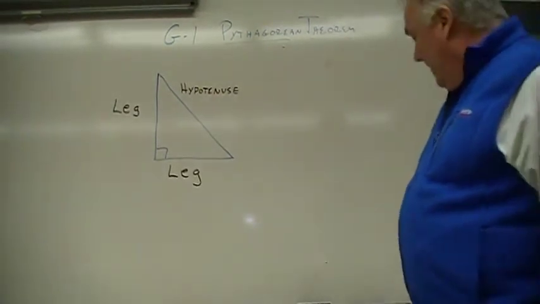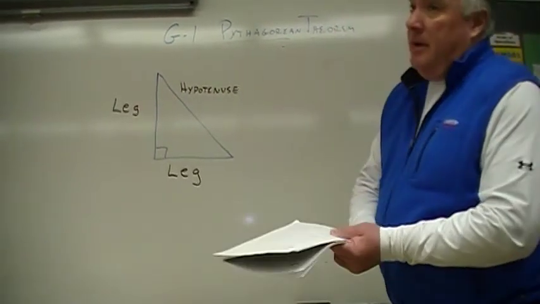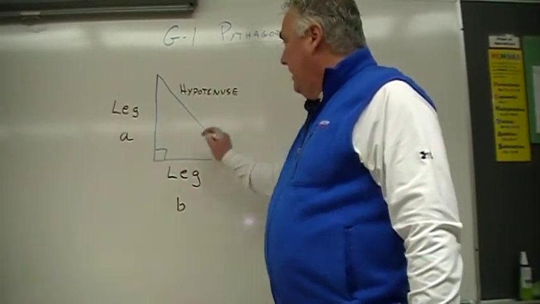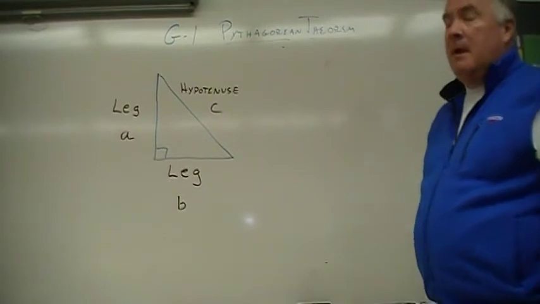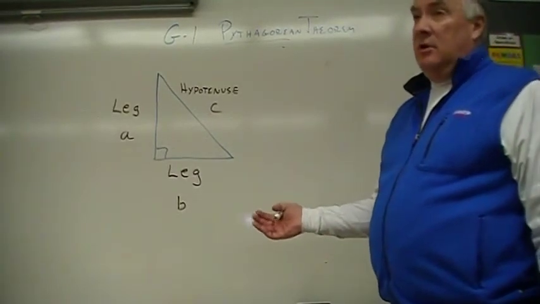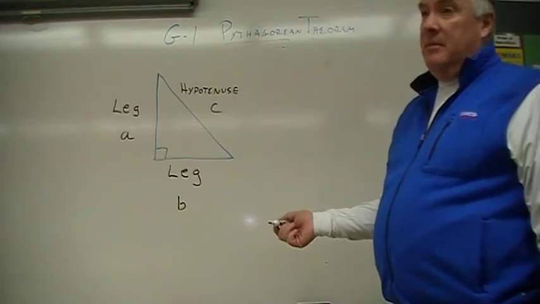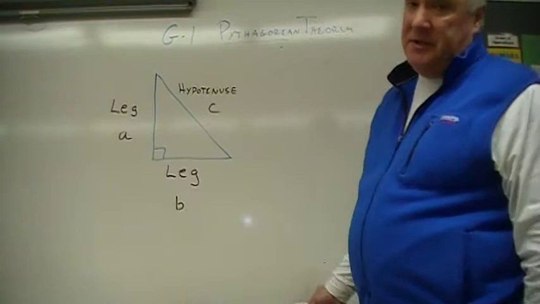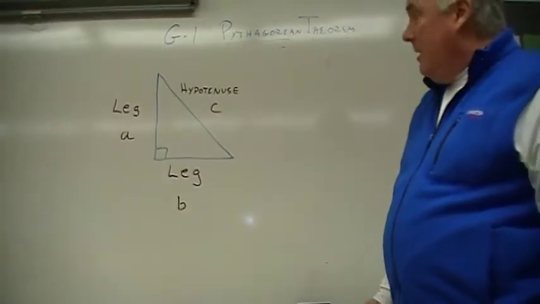So, one of the things to remember about this is usually we call it A, B, and C, for our hypotenuse being C. That's how you learn the Pythagorean Theorem in middle school or Algebra 1. A squared plus B squared is C squared, and we'll get into that.